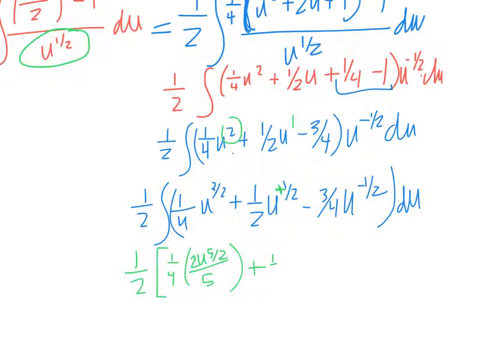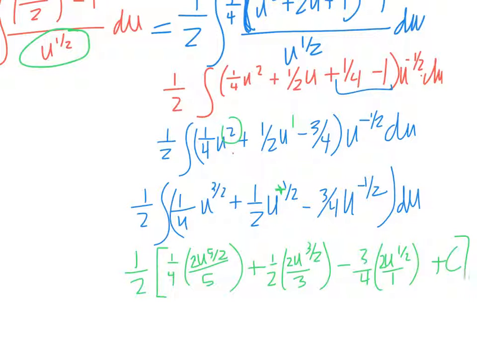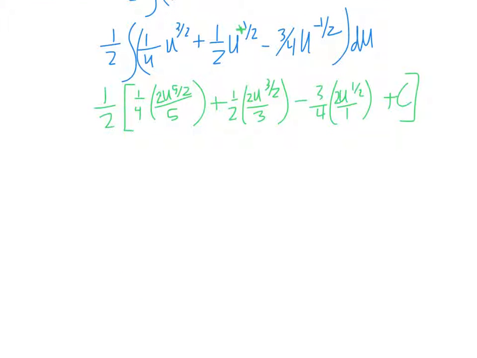Plus 1/2, and then this is going to become u to the 3/2, and that'll be times 2/3, minus 3/4 u to the half, and if I divide it by 1/2, that's the same thing as 2/1. Plus C. And I'm really hoping I didn't do anything silly with my fractions here. So I'm trying to be careful.